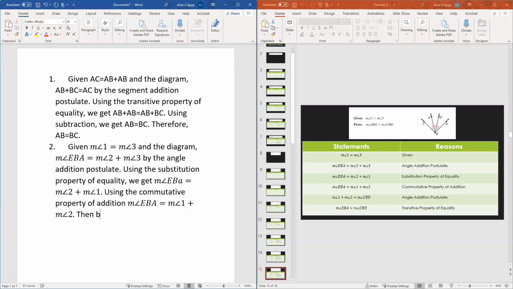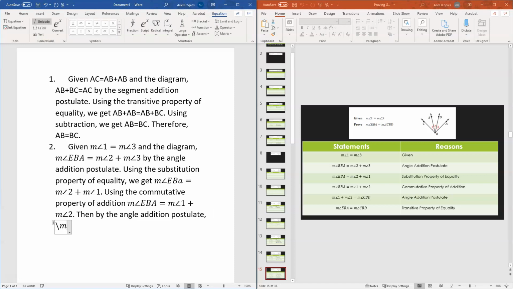Then by the angle addition postulate, measure of angle 1 plus the measure of angle 2 equals the measure of angle CBD.